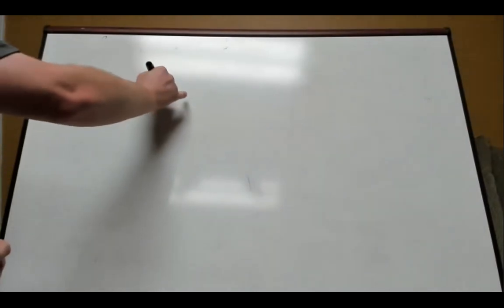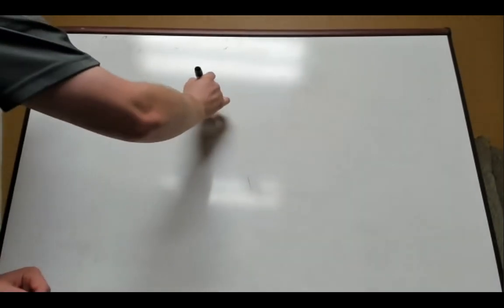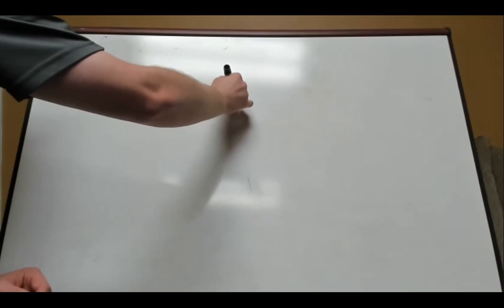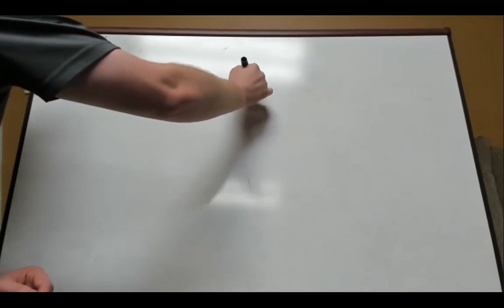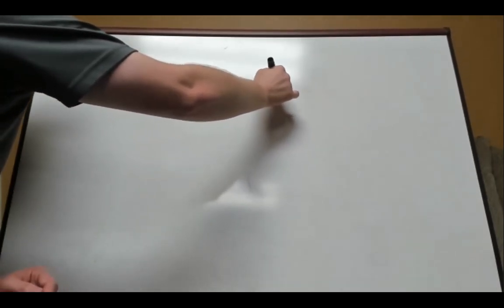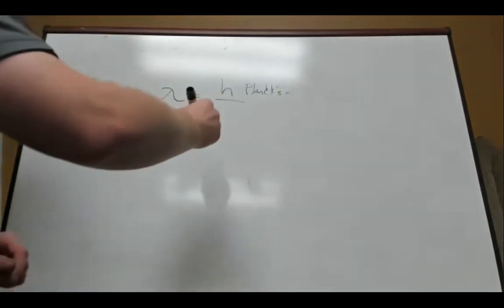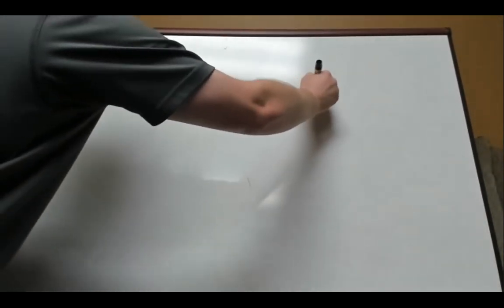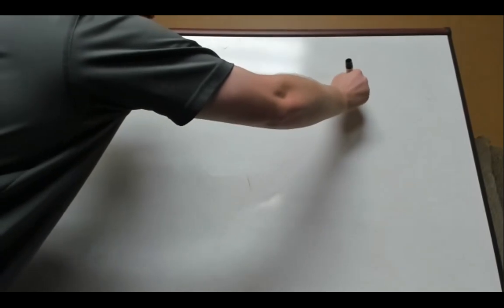So we have wavelength is equal to Planck's constant, and that is again 6.626 times 10 to the negative 34th.